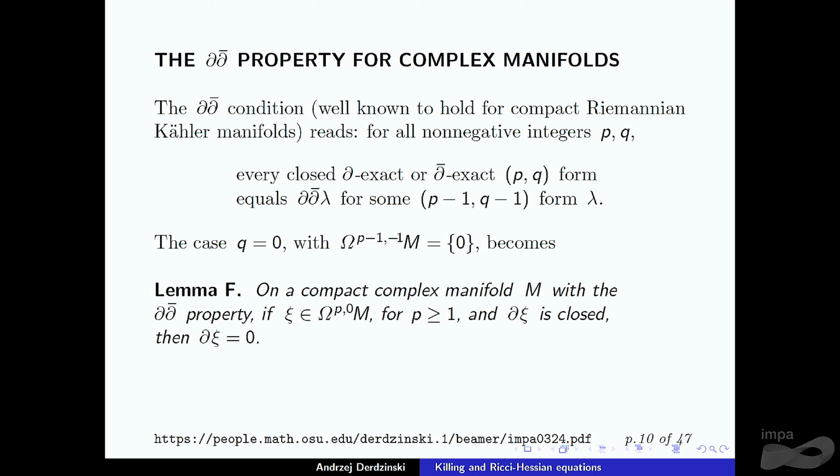If you have a complex manifold, assuming that it's compact and carries a Kähler metric, it satisfies the following condition, namely, for any pair of non-negative integers p and q, if you have a closed (p,q)-form which is also partial-exact or partial-bar-exact, then it is equal to d partial-bar lambda for some (p-1, q-1)-form lambda.